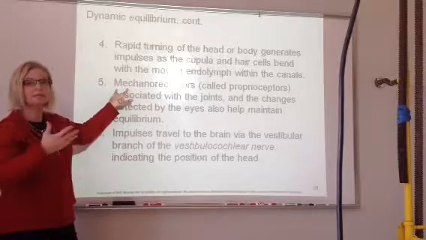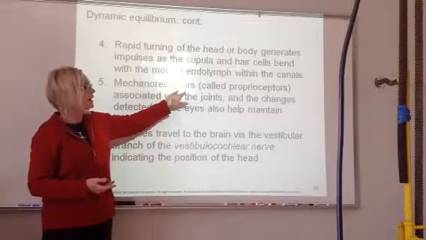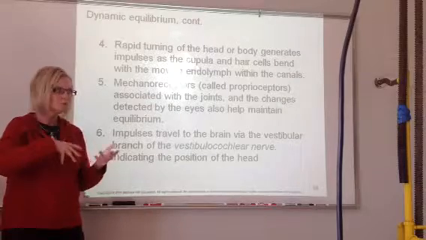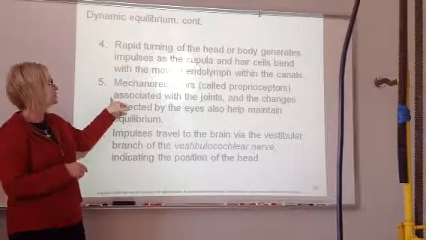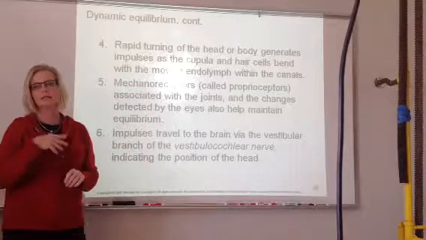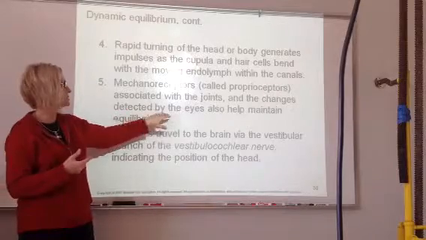Mechanoreceptors are any type of receptor cell that deals with movement. Proprioceptors also deal with movement, are associated with joints, and help with equilibrium. Changes are also detected by the eyes.